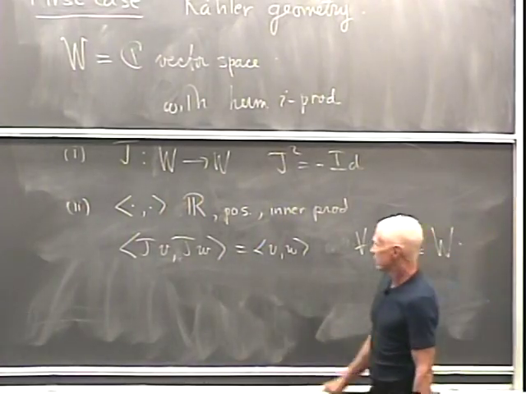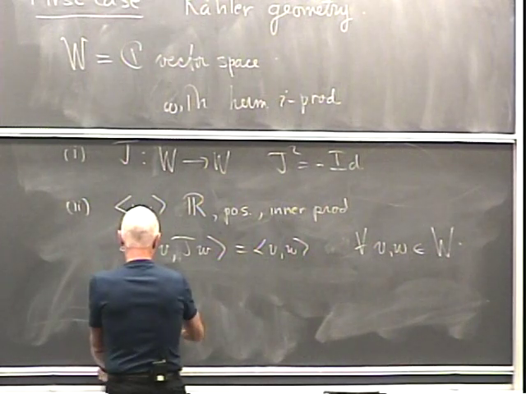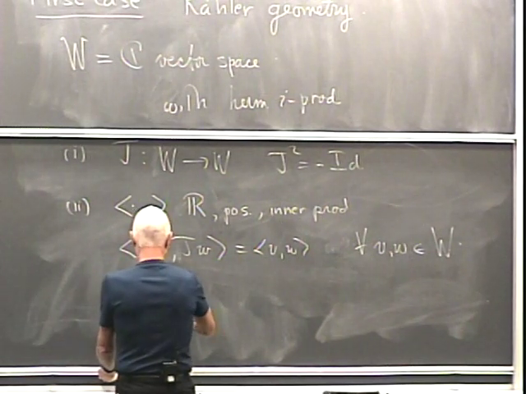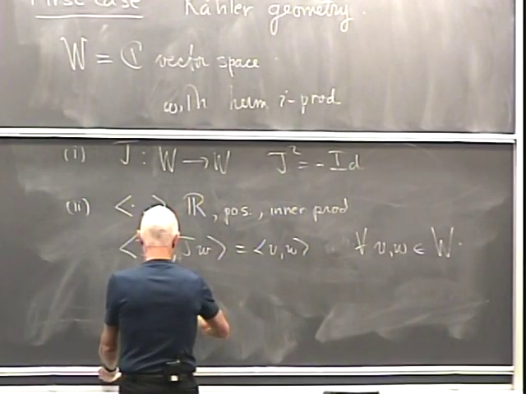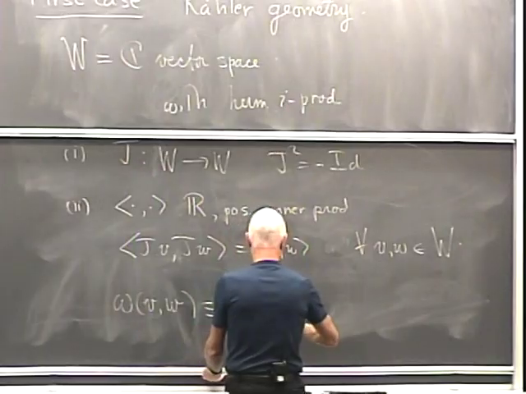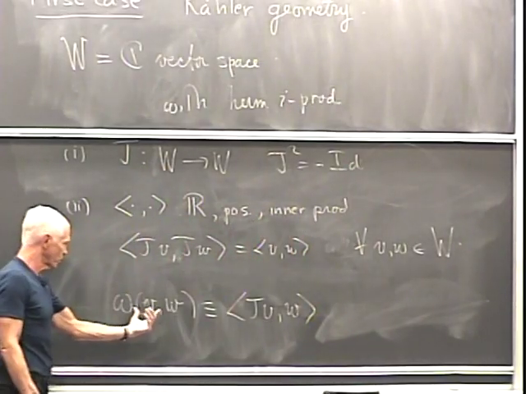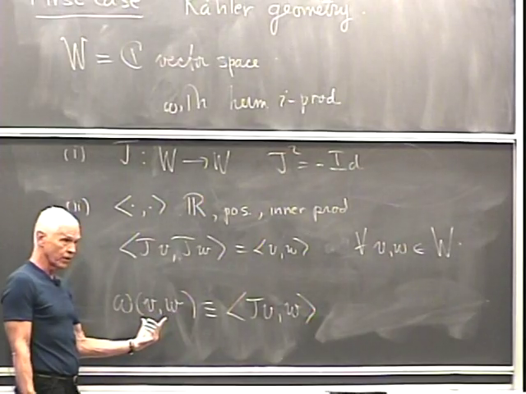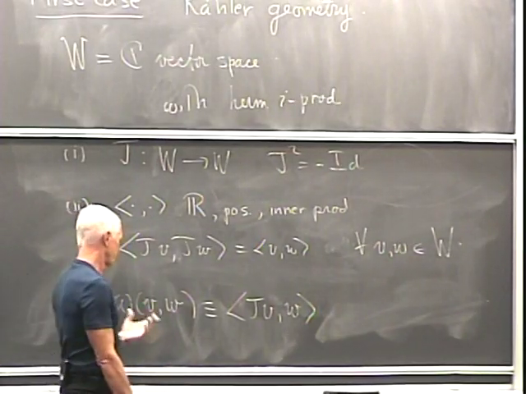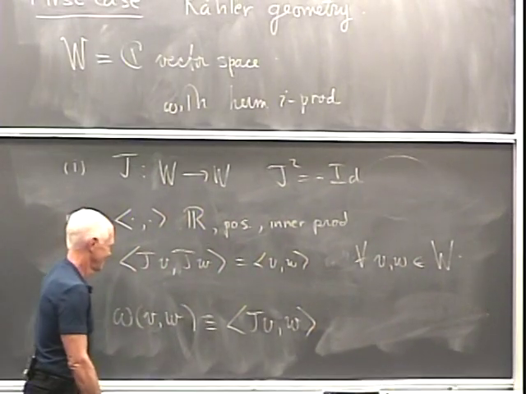Okay, and then, as Robert said, there's this associated Kähler form, omega, which on a pair of vectors V and W is by definition JV inner product W. Now this is skew symmetric. This is a real valued skew symmetric 2 form, which is non-degenerate.